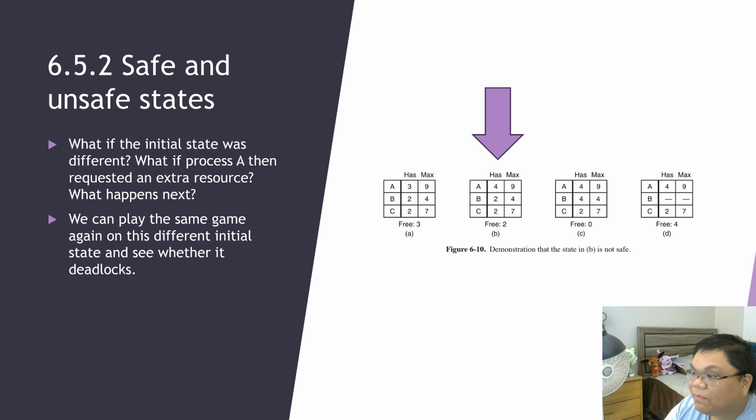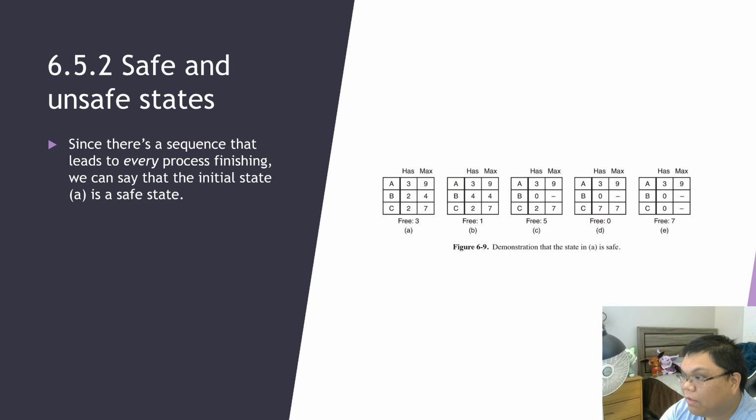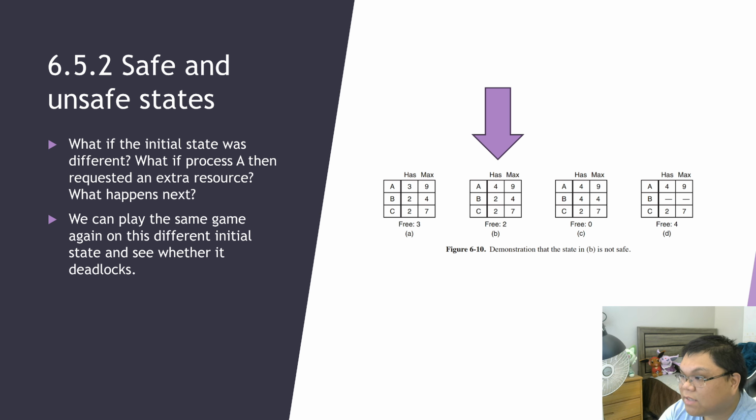What if instead there was one change in that initial state? What if process A says, I need 1 more resource. What we do is we imagine what would happen if we allocated one more resource to process A. And then we play the same game to see whether those processes will terminate then.